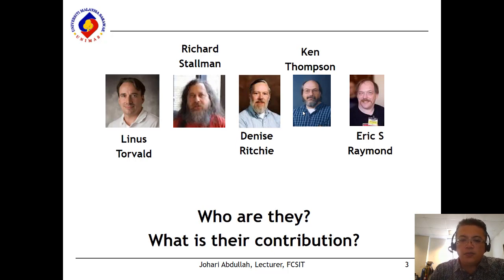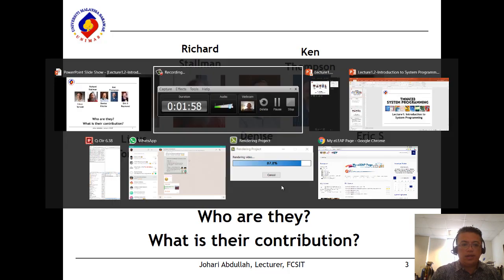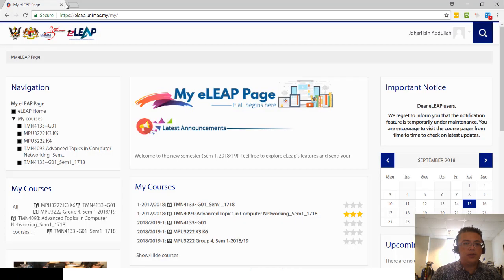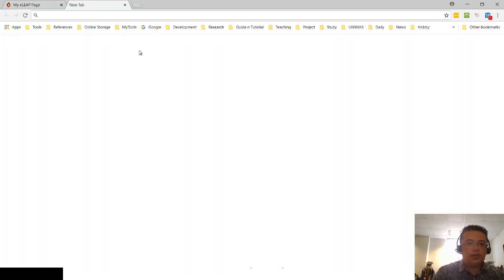And in fact, if you search about C programming textbook, you're probably going to see one of the earliest textbook on C programming and still being used, which is Introduction to C Programming by Dennis Ritchie and Ken Thompson. Or we can have a look online and see whether we can search about these two gentlemen.